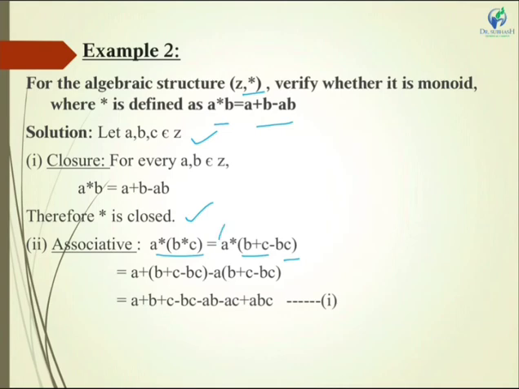Now again I will apply star on these two elements. So first I will add two elements minus I will multiply two elements. Now I will multiply this a inside the bracket. So the next equation will be a + b + c - bc - ab - ac + abc. I name it as equation 1.